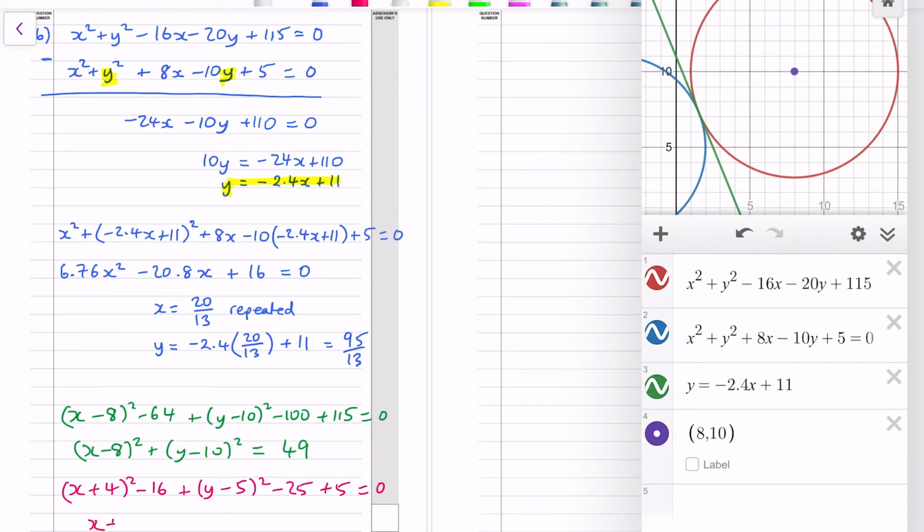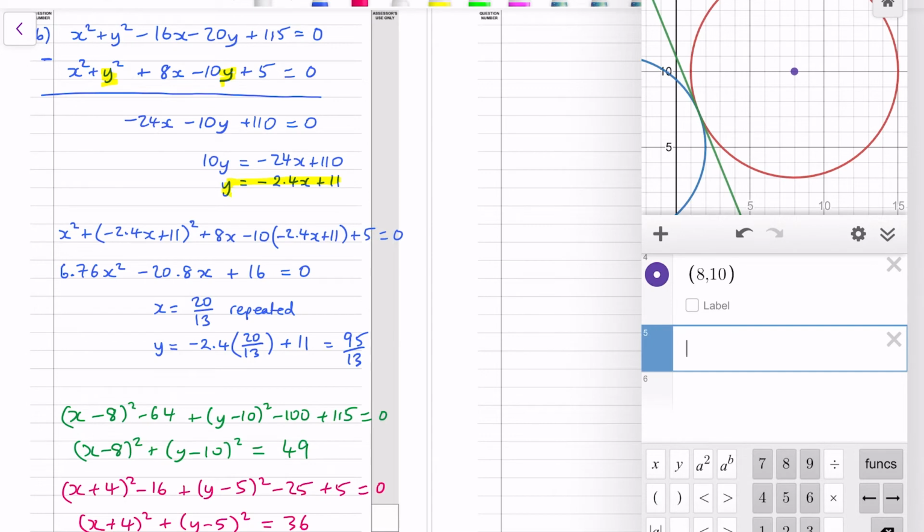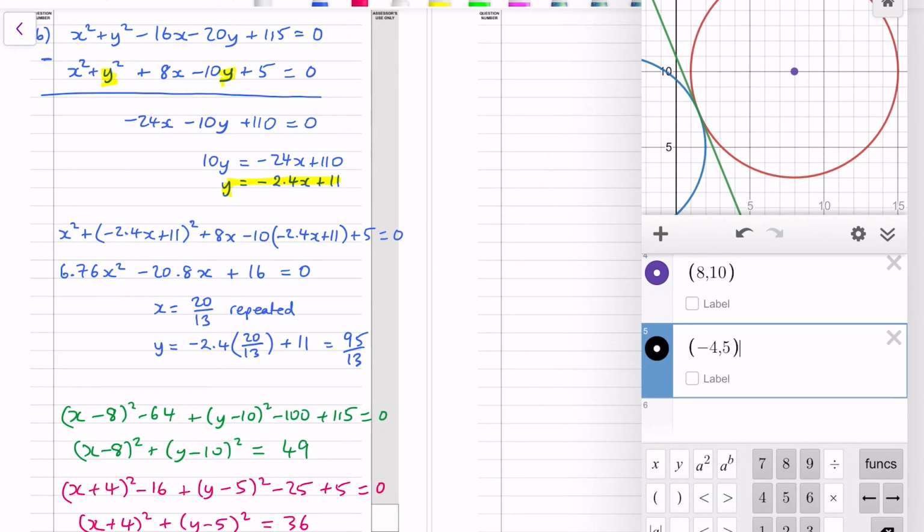Rearrange that one. That equals 36. That's a circle that's centered at minus 4, 5, with a radius of 6.